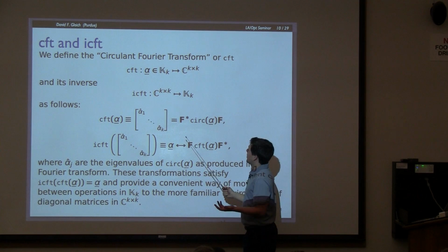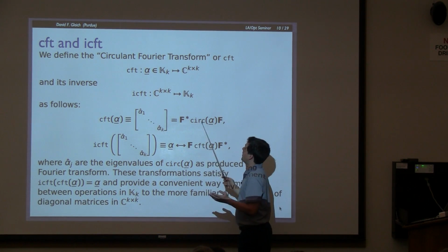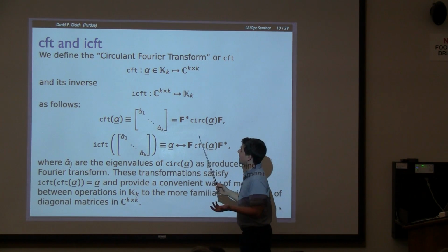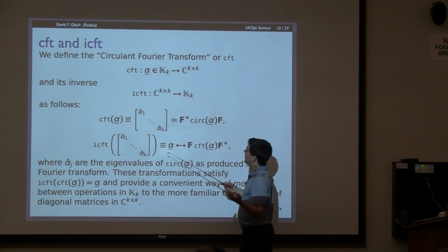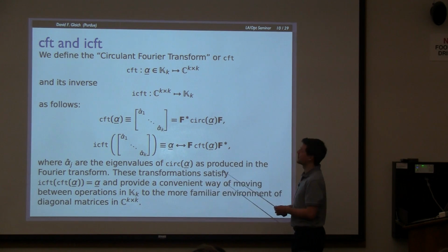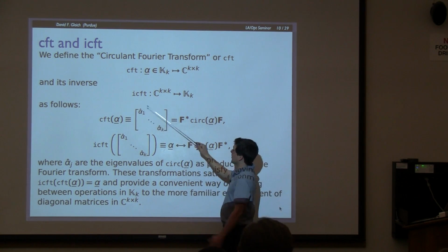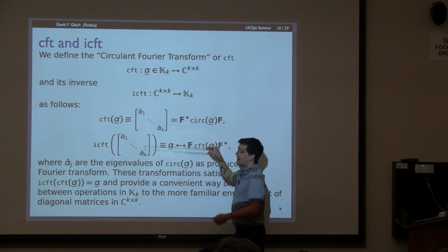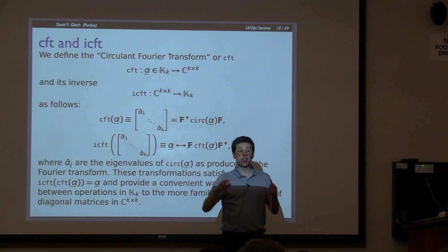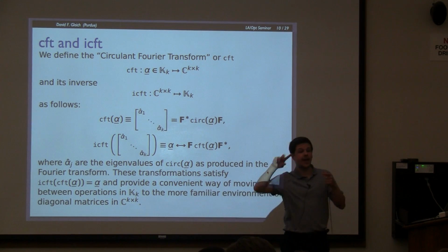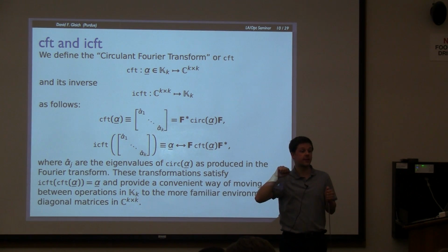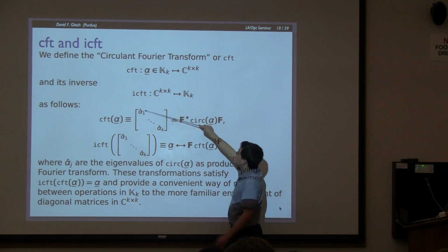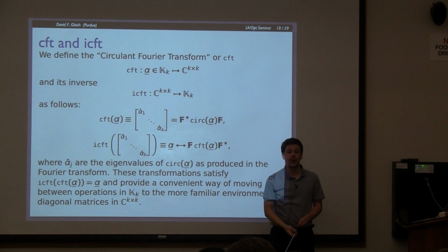One of my co-authors didn't like calling this the FFT, which is what I wanted, or the DFT. So they wanted the circulant Fourier transform in this case. But all we're doing here is just, instead of representing this with a k by k circulant matrix, we're representing it with a k by k diagonal matrix, where the Fourier transformed coefficients are on the diagonals now.